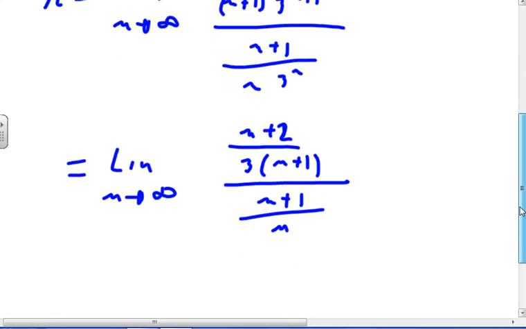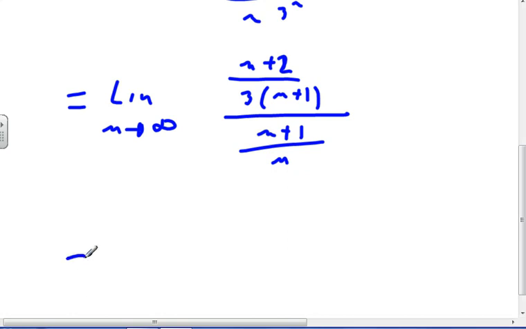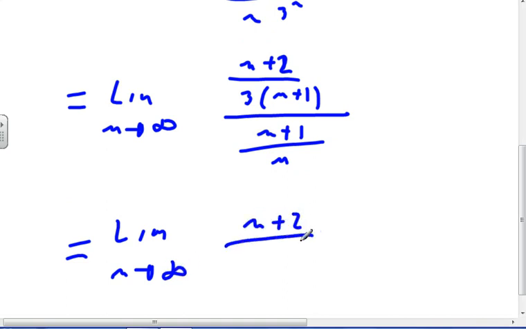Okay, I think I did that all right. Now I'm going to invert and multiply. Limit as n goes to infinity, I've got (n+2) over 3(n+1) times n over (n+1).